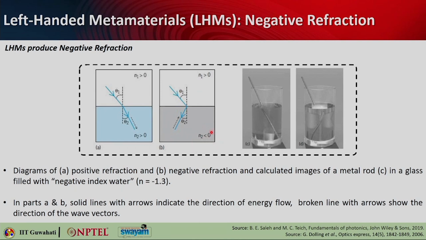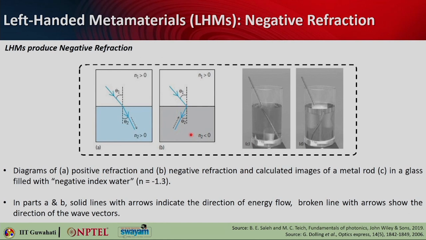The broken lines with arrows show the direction of the wave vector, the k vector, and the solid lines with arrows indicate the direction of energy flow.